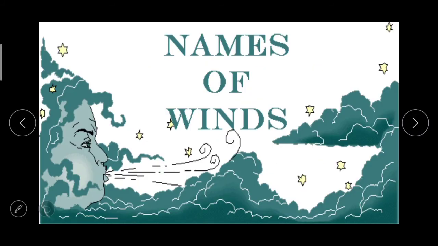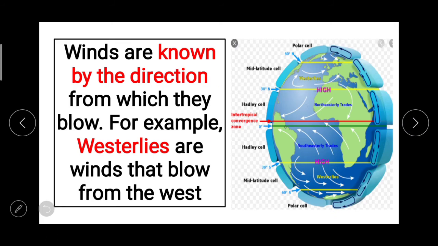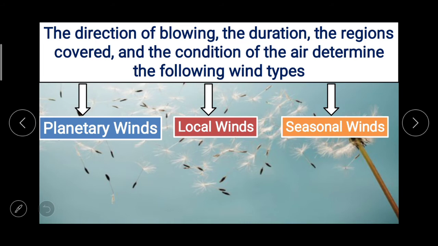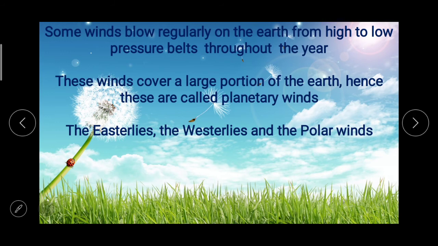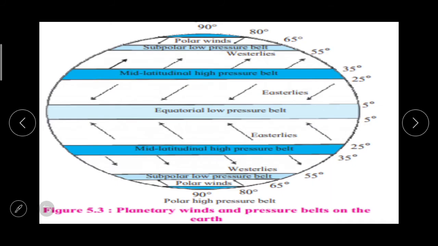And then the next important thing which we have already studied in this topic, that the types of wind, the direction of blowing, the duration, the regions covered, and the condition of the air determine the wind types. And in that we studied about the easterlies, westerlies, planetary winds, local winds, seasonal winds, and in detail we studied about all these things.